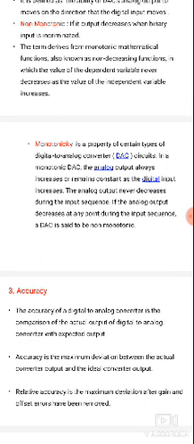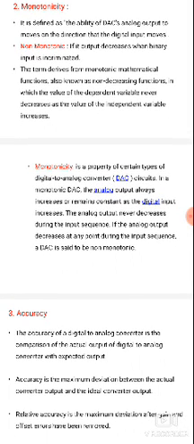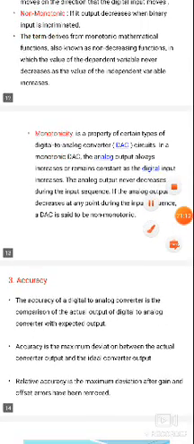In a monotonic DAC, the analog output always increases or remains constant as the digital input increases. That means the analog output moves in the direction of the digital input, and follows the digital input.